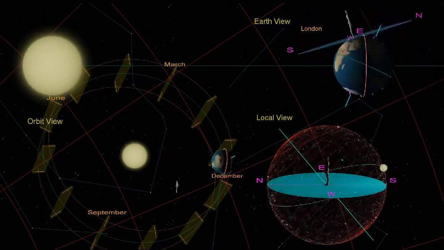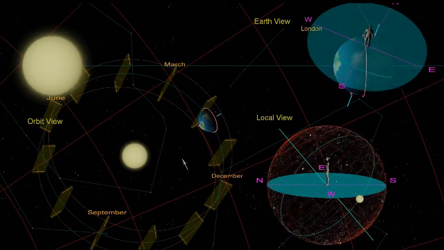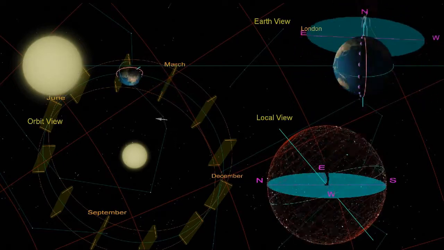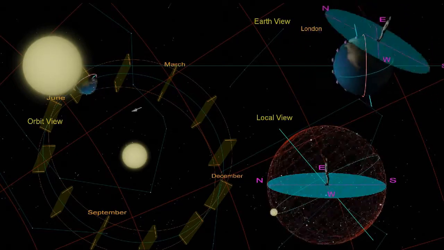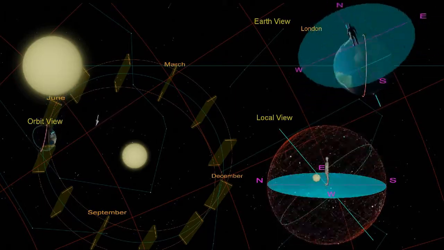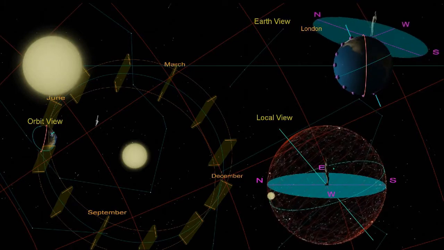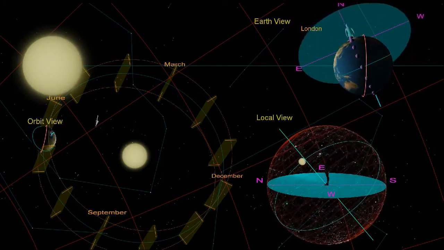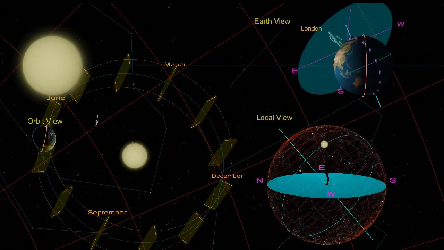If we move now to summer in London, moving through to June, then at noontime, the sun is going to be much higher in the sky.